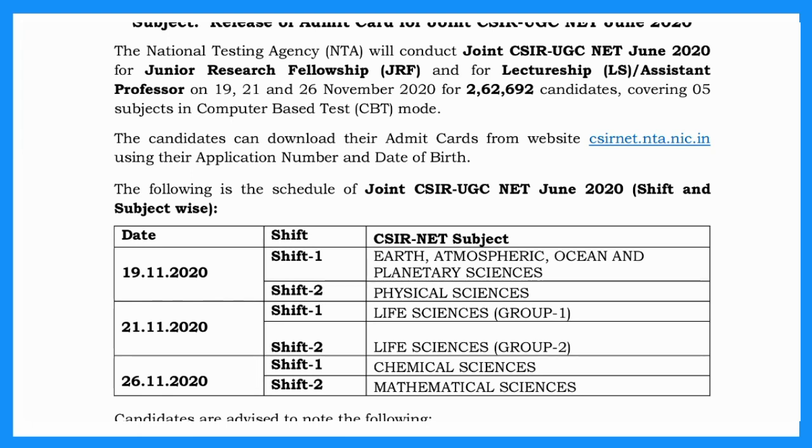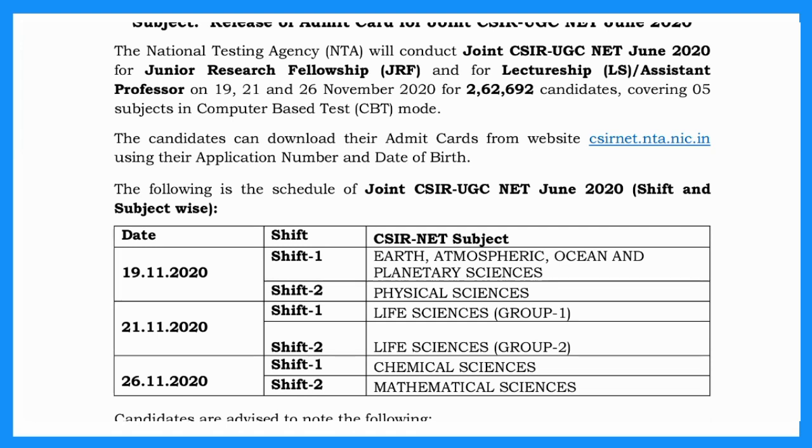In one day they have made 2 shifts, shift 1 and shift 2. It means they have divided the total number of candidates into smaller groups so that they can reduce the pandemic spread in the country. That is why they have made 2 shifts. Okay, so the shift will be mentioned in your admit card.